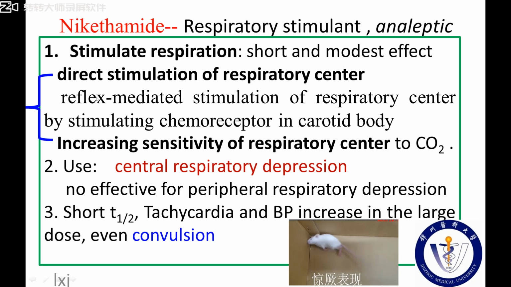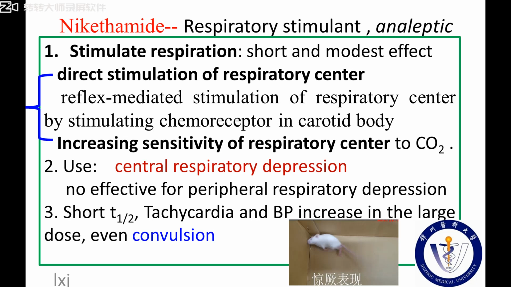Now, maybe you don't know what convulsion is. Actually, in the past, I explained what convulsion is. It is usually caused by over-excitement of the CNS.